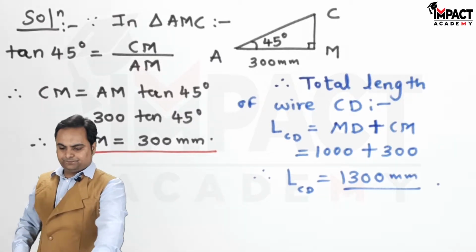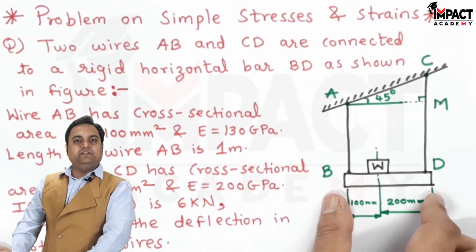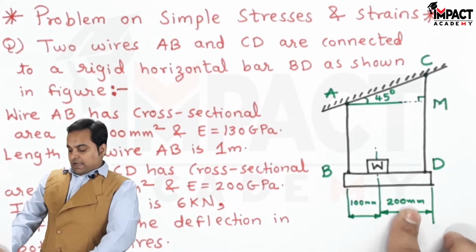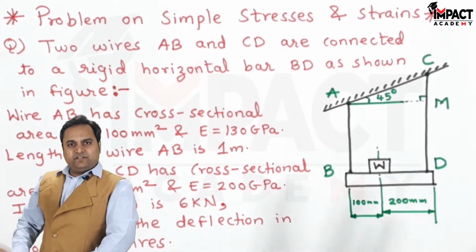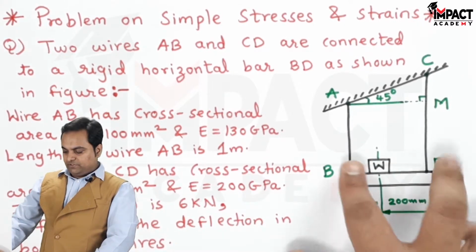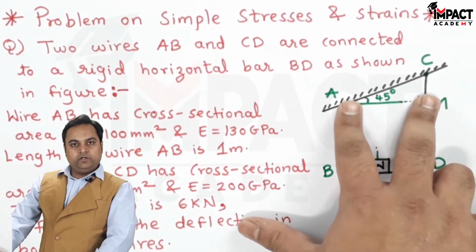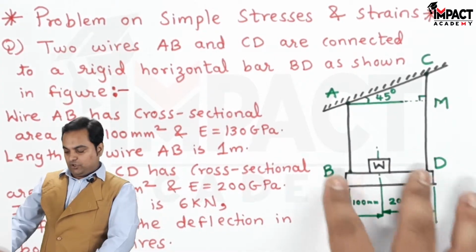Next, I'll be drawing the FBD of this BD portion, that is the rigid bar. And here, as we can see roughly, that when the load is acting, load would be acting in the downward direction, but these two wires, they are going to oppose the load, so they are offering tensions in the opposite direction.